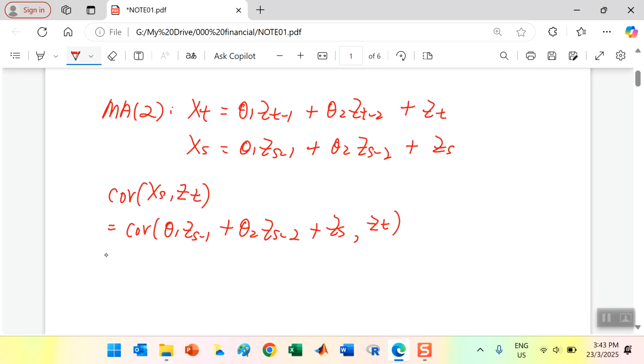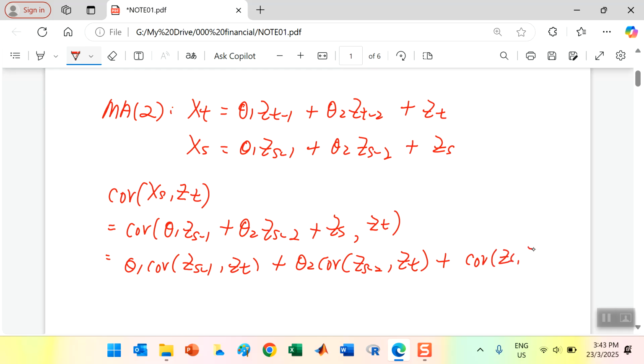So in this way, you have three pairs of linear relationships. One is the covariance of ZS minus 1 and ZT, another one is theta 2 times the covariance of ZS minus 2 and ZT, and lastly the covariance of ZS and ZT.